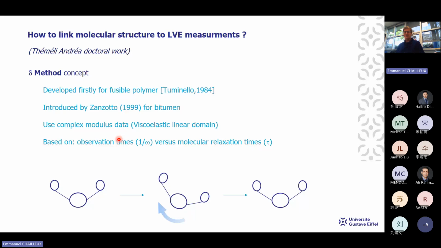This method had been introduced by Zanzotto several years ago for bitumen. At this time, they used the norm of the complex modulus, but we have adapted the method in the Andrea Tamelli doctoral work.